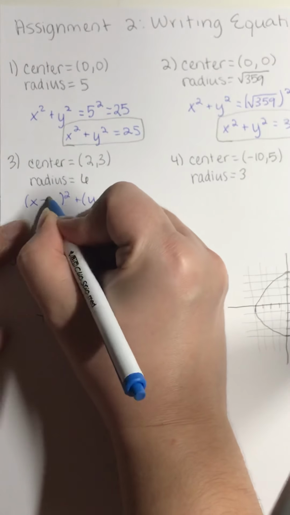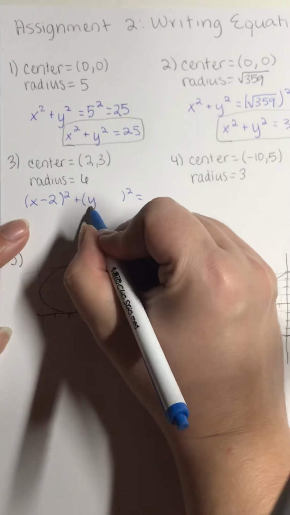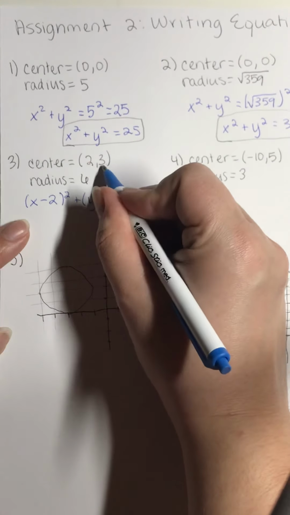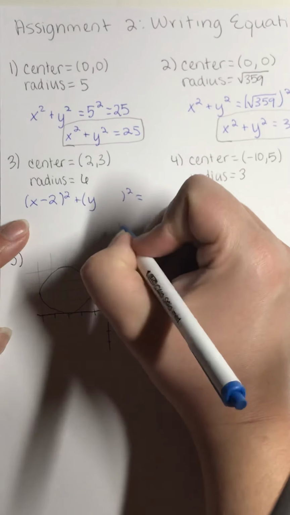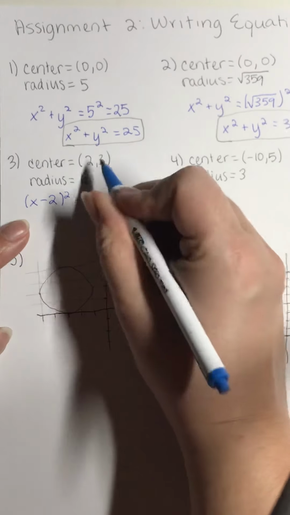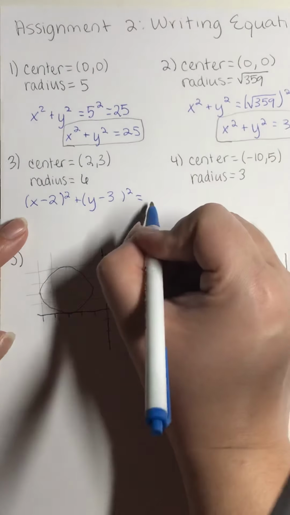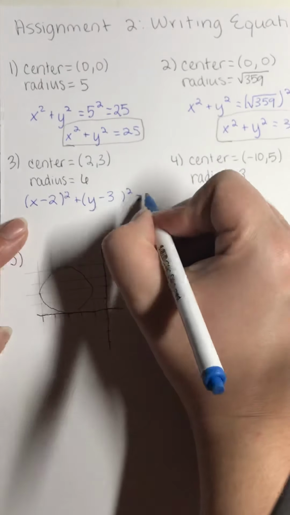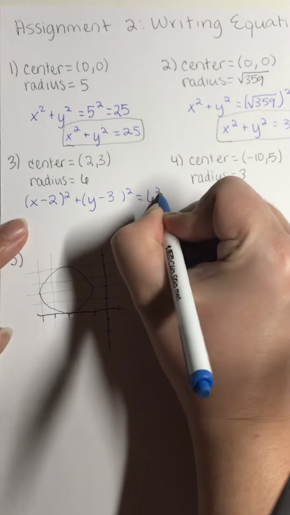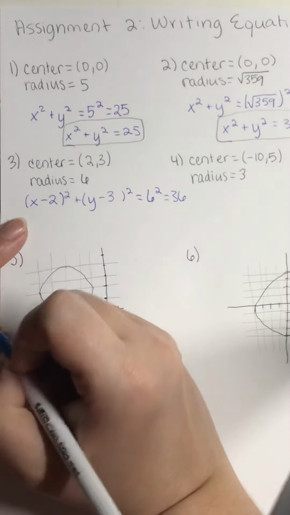We need to make sure we write negative 2 for our x. Then next to the y, for our center coordinate, our y is 3. So for our equation, we need to do minus 3. Flip those signs. Then the radius squared, set that equal to 6 squared, which is 36.